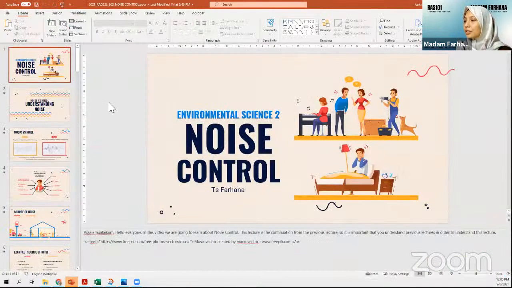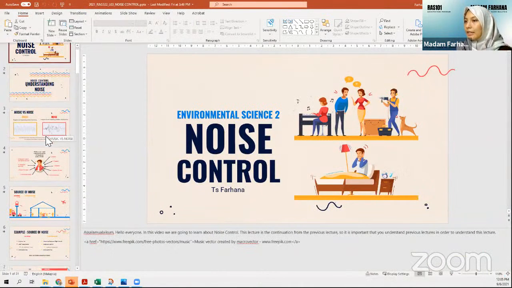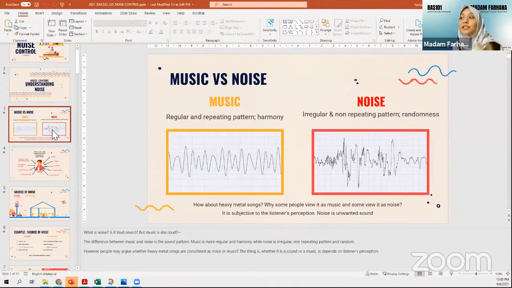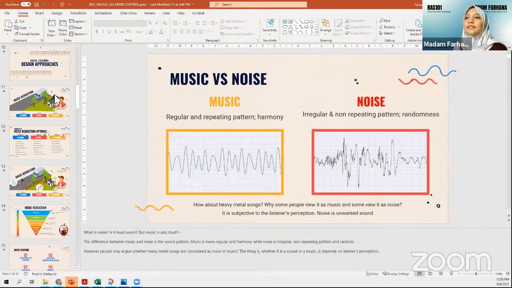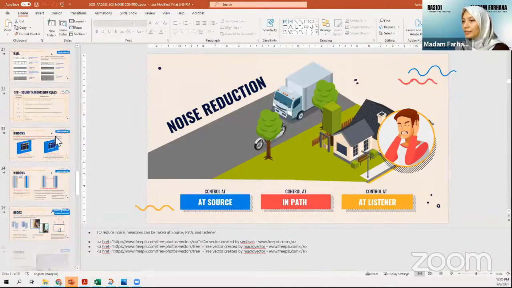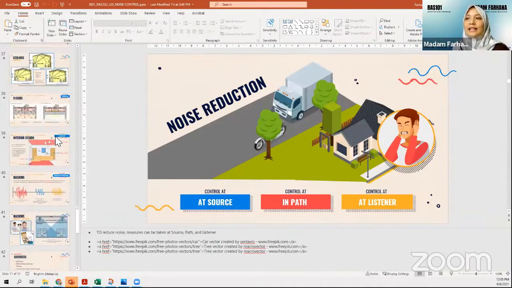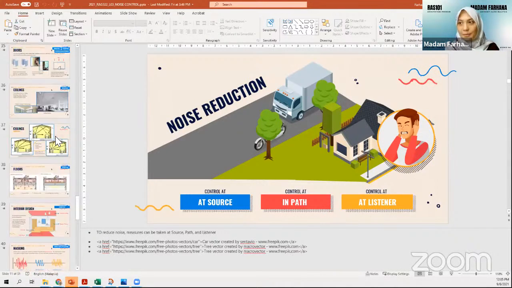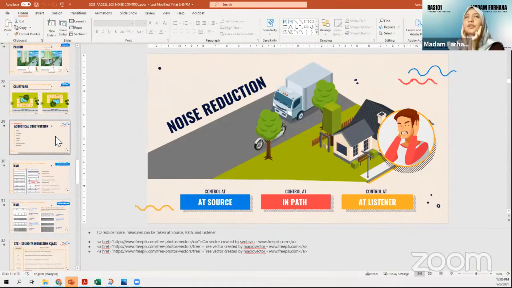So next is on noise control. Understanding the noise, what are the different noise and music, and then how to reduce noise. This is a bit longer because I cover everything from how you can control noise from the site planning until what you can wear to reduce noise.